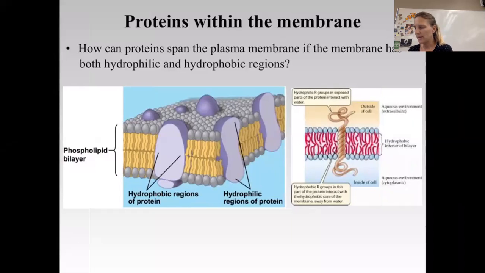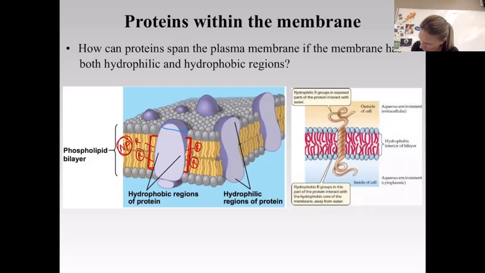Okay, so how can proteins span the membrane if the membrane is amphipathic, meaning it has both hydrophobic and hydrophilic regions? So we just kind of talked about this, where any region of that membrane protein that is interacting with those nonpolar tails are going to have nonpolar R groups that are sticking out and interacting with those tails. So there's going to be nonpolar R groups there, right?